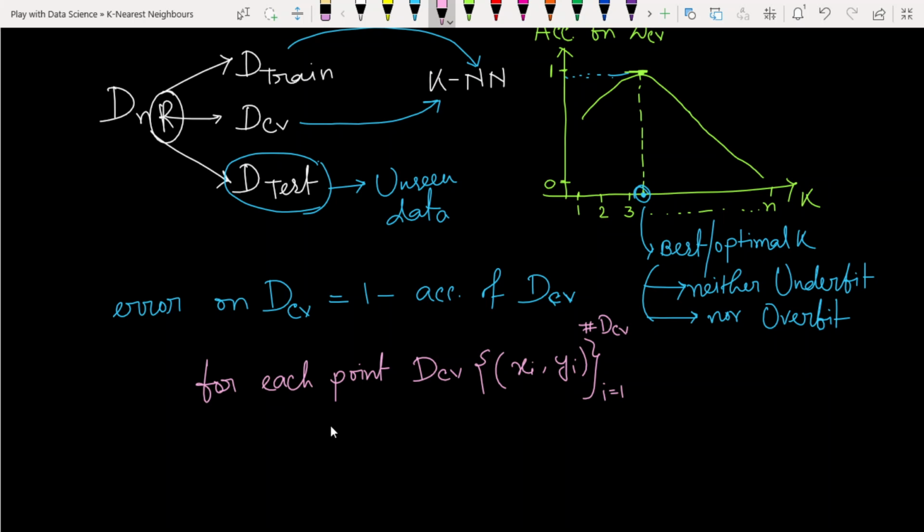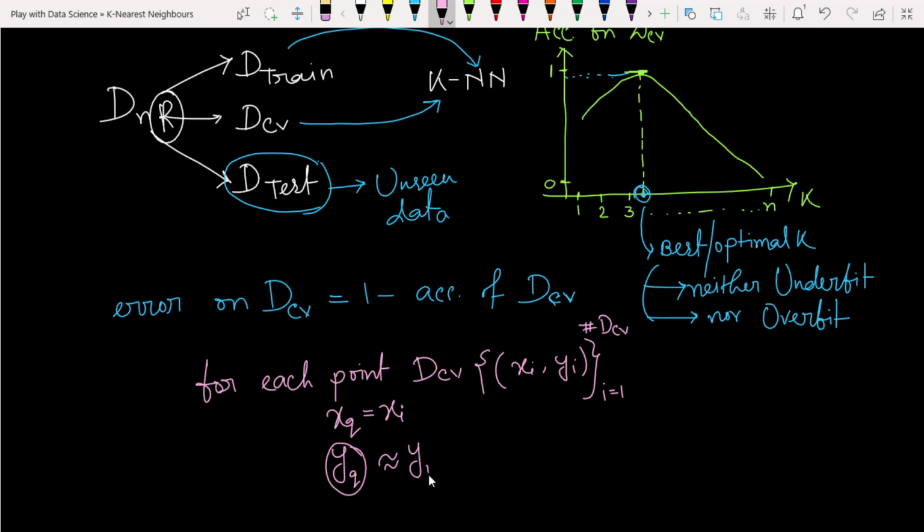And we take each point as a query point first. Suppose our query point is xi, coming from here, and we find its corresponding output from our model. Suppose the corresponding predicted output from our model is yi, and we compare it with the actual output.